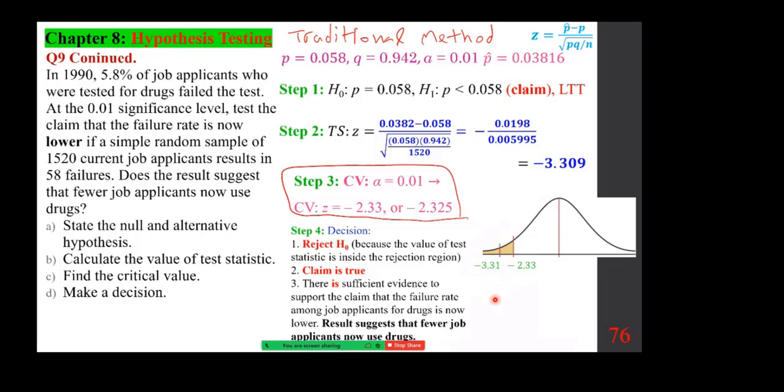So the area to the left of that compares to alpha, and the two areas tell us the answer. Because the area to the left is less than alpha, we reject H0. So again, traditional method, we compare two numbers. What are the numbers? Test statistic versus the critical value.